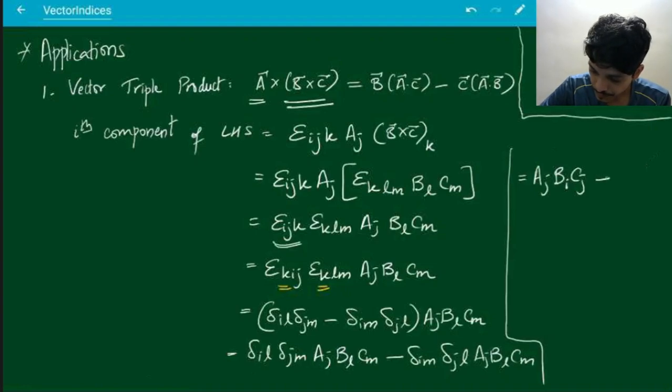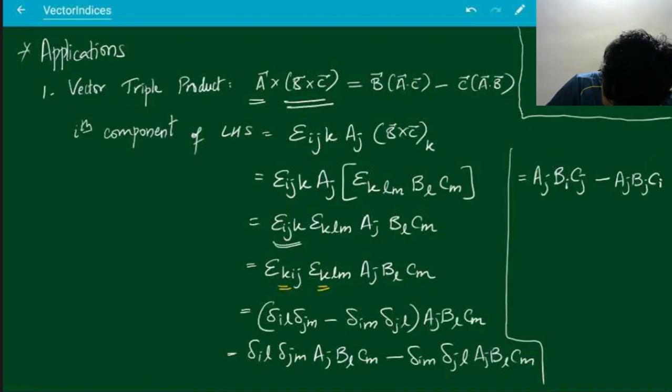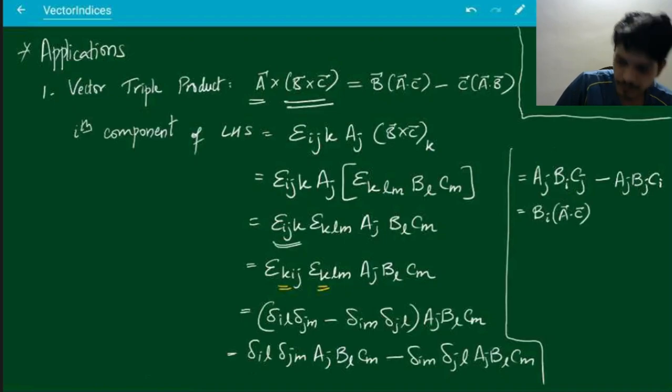Minus, in the second term, delta im forces the cm to become ci, and delta jl forces the l to become j. So aj bj. So this is bi. What is aj cj? aj cj is just A dot C. And similarly over here, minus ci. What is aj bj?